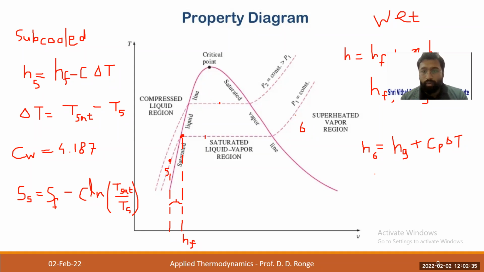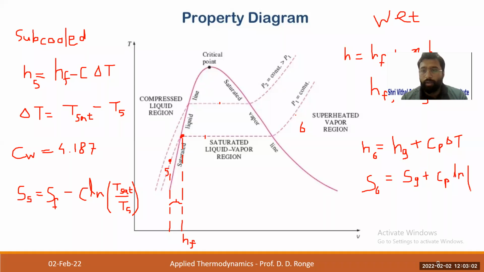In the case of the superheated region, the entropy at point number 6 will be equal to the specific entropy at dry saturated condition, plus again Cp, the specific heat at constant pressure, into natural log T2 by T1.